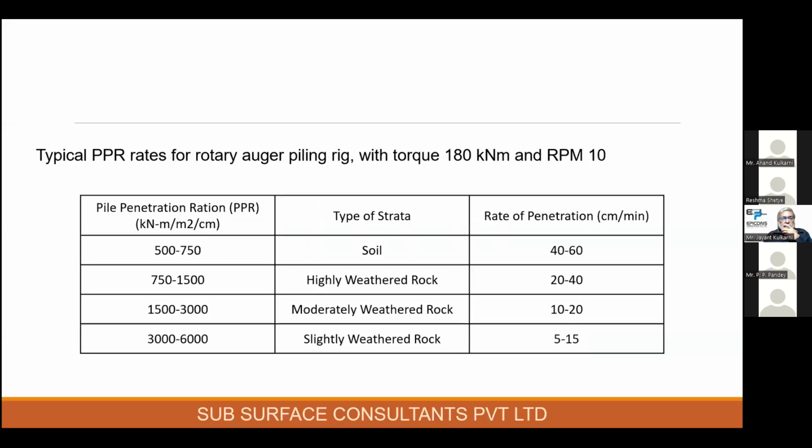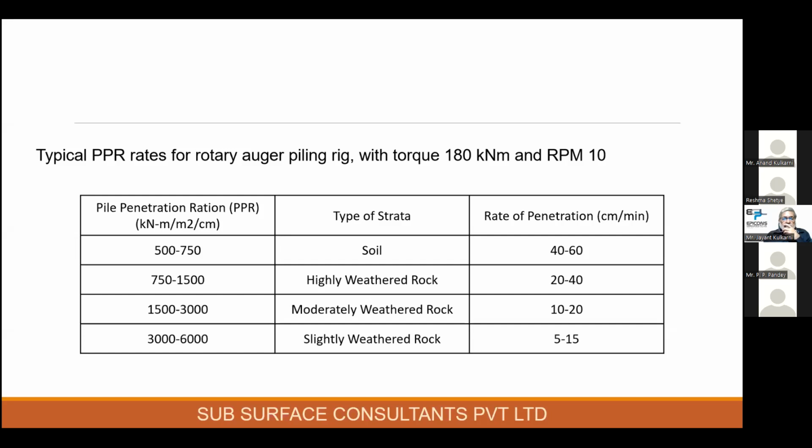So typical pile penetration ratio values for a rotary auger piling rig with a typical torque value of 180 kilonewton-meter and at RPM 10. So we are just going to look at that. When the pile penetration ratio is around 500 to 750, the type of strata usually is soil, and the rate of penetration is 40 to 60 centimeters. I've just given typical values.